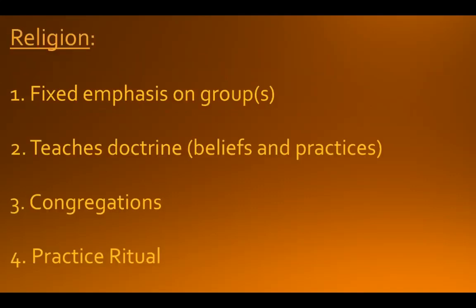The four things that we see in the book that help us understand religion in this way are: one, a fixed emphasis on groups or the bigger group, trying to identify yourself with that label. For example, I'm a pastor in the United Methodist Church. That's a particular office that I hold. I'm an ordained elder, but the emphasis of that isn't individual. I am part of a group. I had to go through seminary.